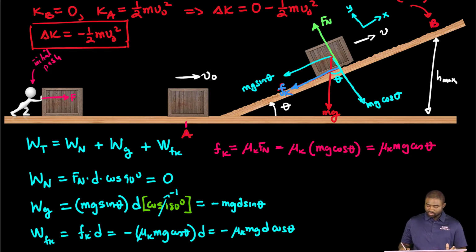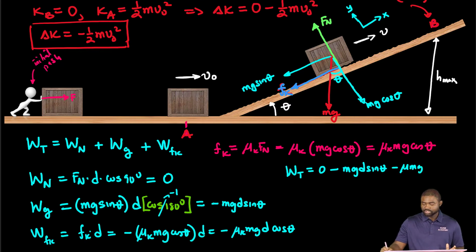Now that we have everything in place, we can see that the total work done on the object will be equal to 0 minus mgd sine theta minus mu mgd cosine theta.